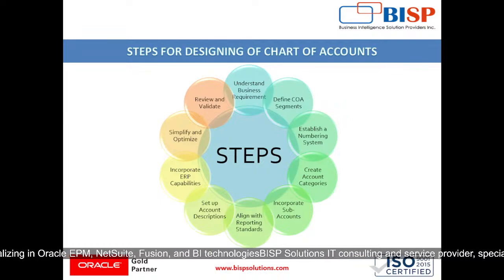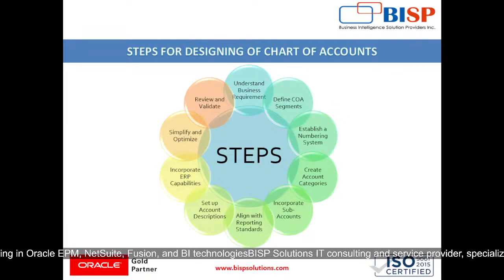Then we will be setting up account descriptions, which means providing a clear description for each account to avoid ambiguity. For example, account 4010 is there with the account name domestic sales revenue, so we will be providing a description like revenue from product sales within the domestic market, so that there is clarity on what is done with that particular account.